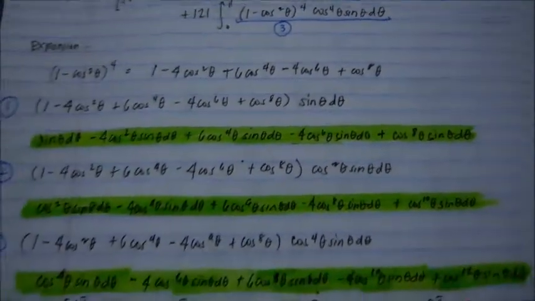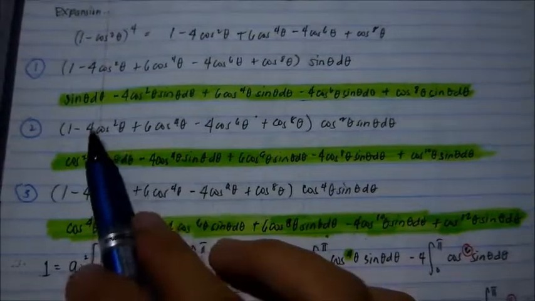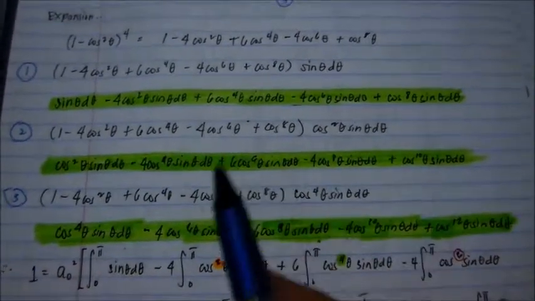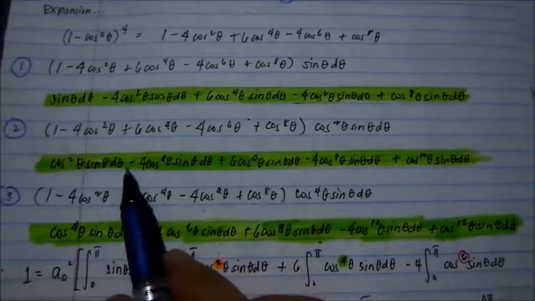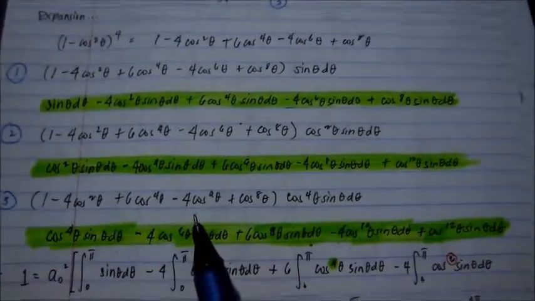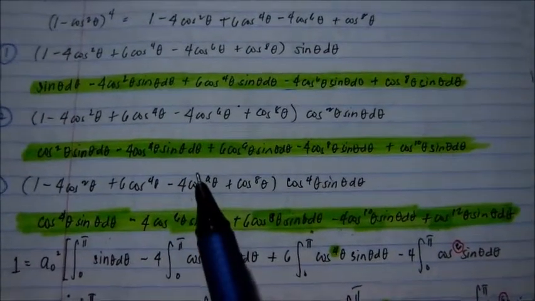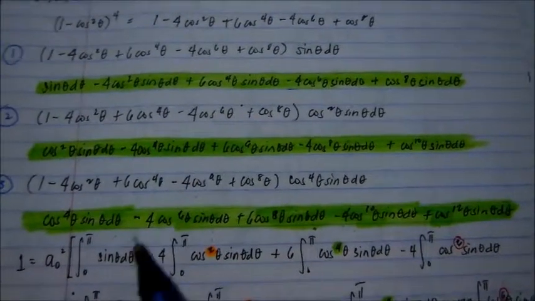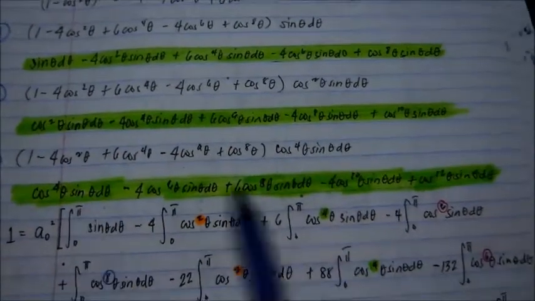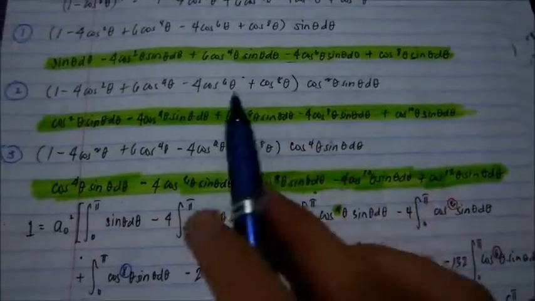Next, it gets complicated, and you have to be careful in distributing the terms, because it will dictate whether you're on the right track or not. After distributing all those terms, 1, 2, 3, we have to combine them all.